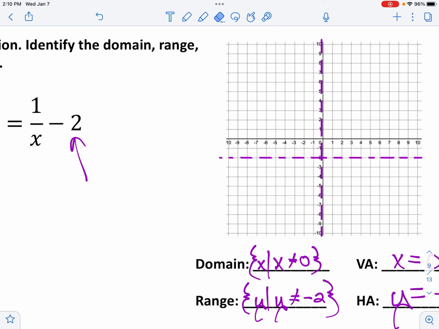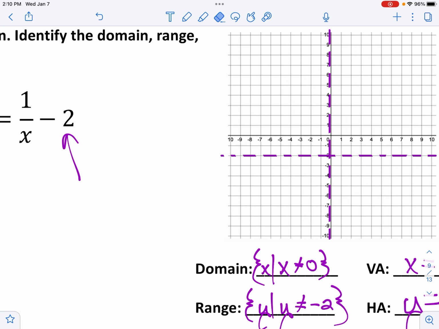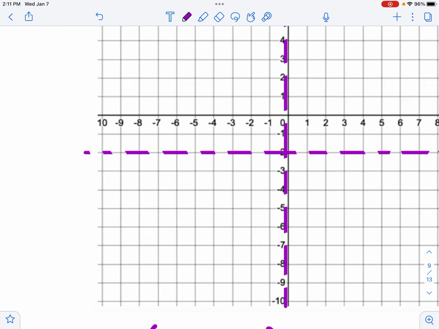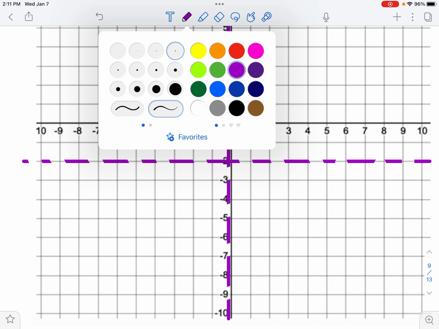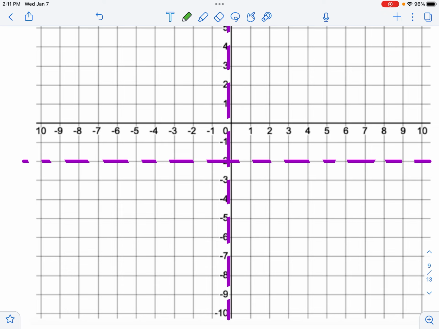If I put a 1 in for x here, I would get 1 over 1, which is 1, minus 2. So I would have 1, -1. And then I can just do that a couple times. I'd like to just get a couple of points, so I actually should maybe use a different color here. All right. So I have a point here.